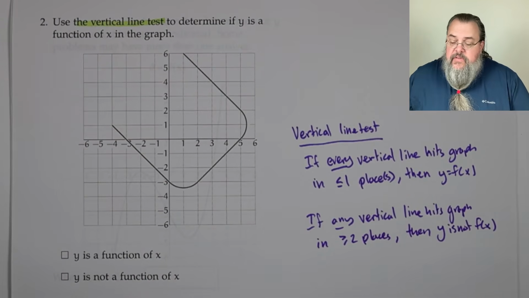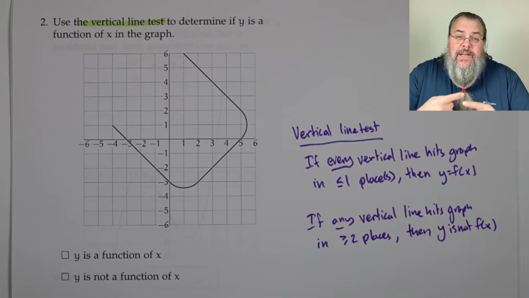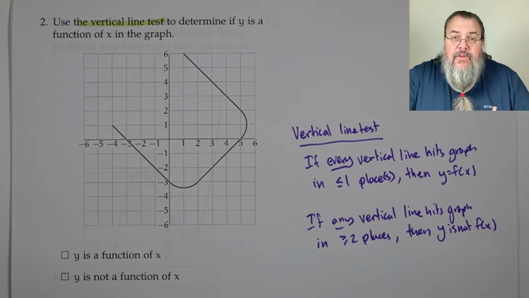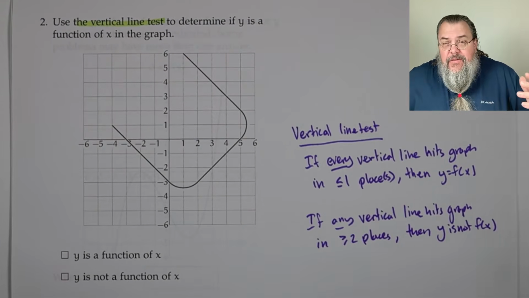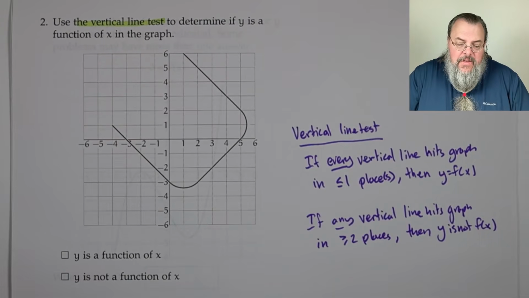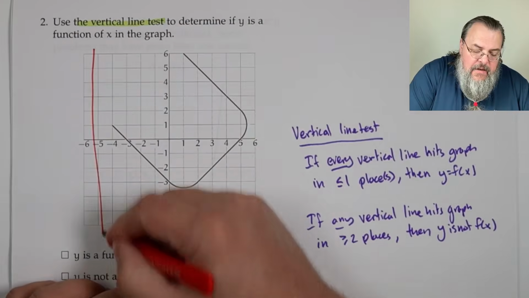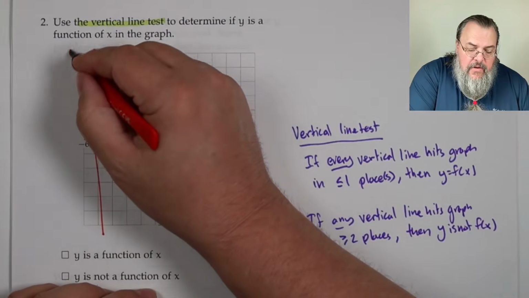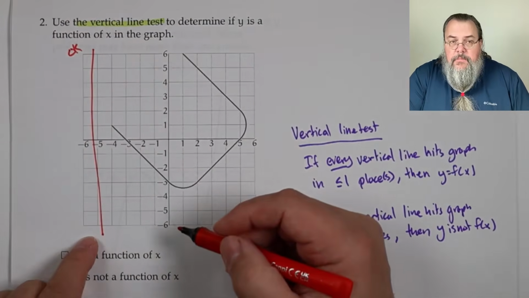So the vertical line test says, can I show that every vertical line I hit in less than or equal to one place? If yes, then it might be a function. If no, it's not. So you're okay for something like this. This is okay because you hit no places.